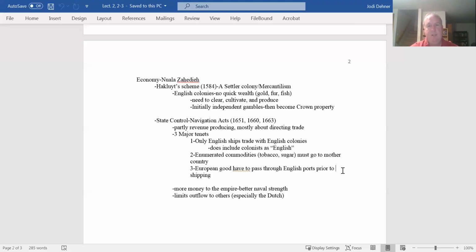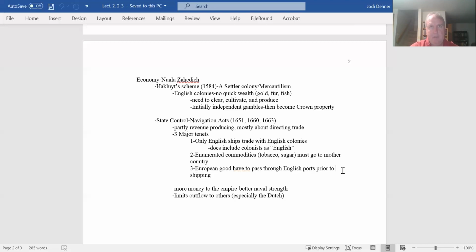An English ship is one that's captained by an English captain and has a crew that is 3/4 or more English sailors, and the ship had been manufactured in English shipyards, right? This is an attempt to build English ship and English naval trade up by directing that the colonies can only trade using English vessels, right?